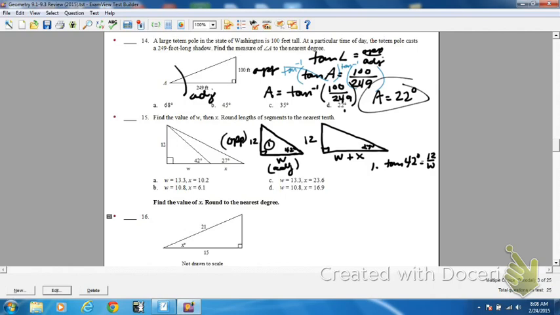That's one where we're going to flip it, and we get w equals 12 over tangent of 42 degrees, and w is equal to 13.3. Then we're going to take that 13.3 and we're going to put it back into the w in the other triangle and make that side 13.3 plus x.